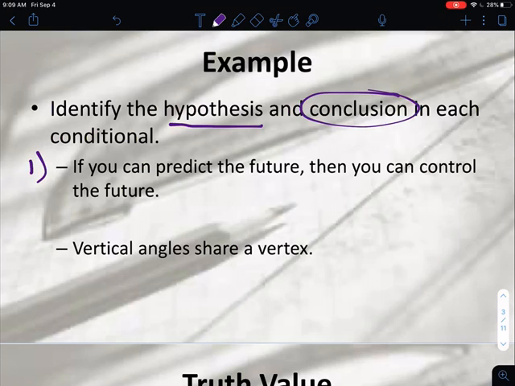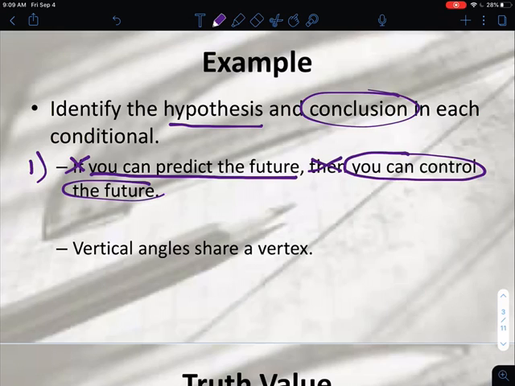So in the first statement, the hypothesis is anything following if, so we do not include the word if. We simply underline everything after it until we hit then. The conclusion is everything after the word then, so we're not going to circle the word then. We're going to circle everything afterwards, so you can control the future. So underline hypothesis, circle conclusion.